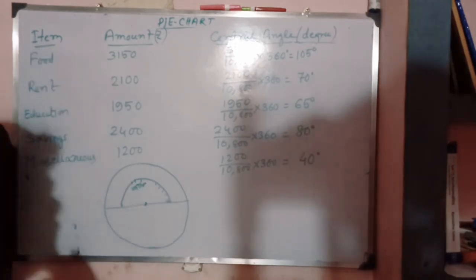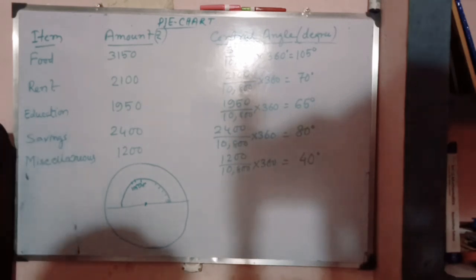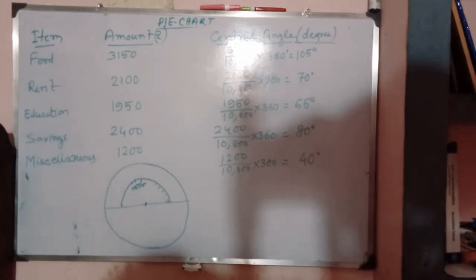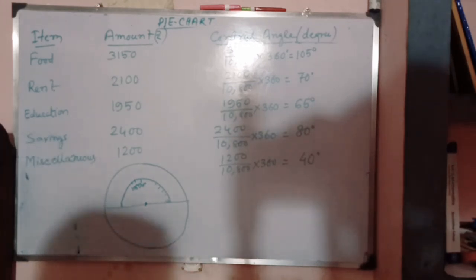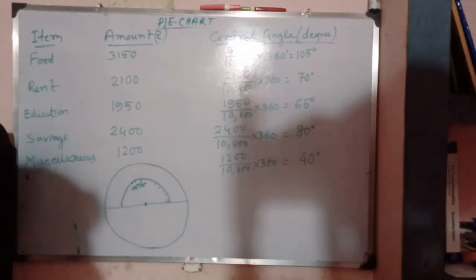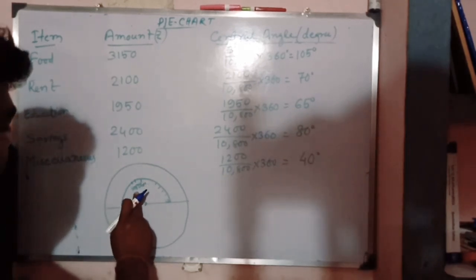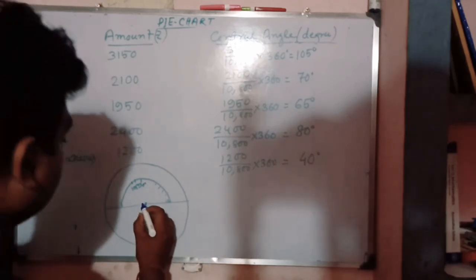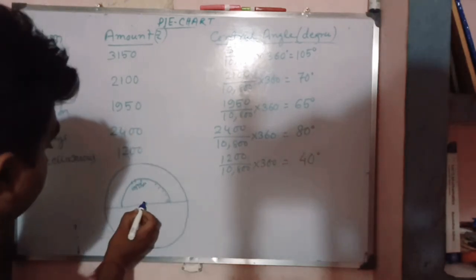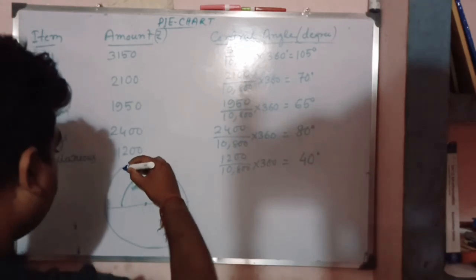You can observe my drawing, you are able to understand it. Okay, this is 105 degree. So in this case we just draw a straight line over here regarding this 105 degree.